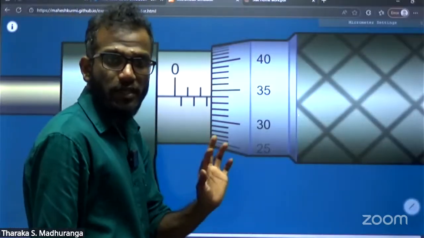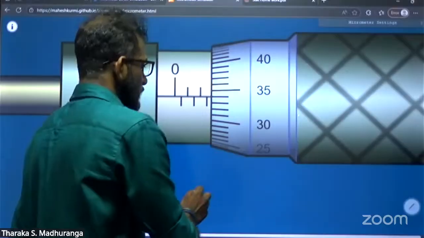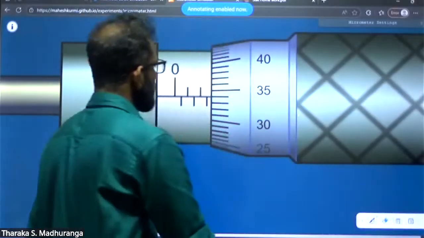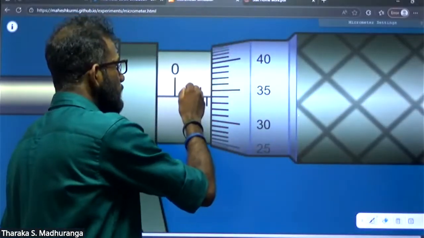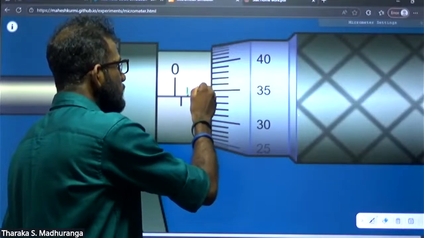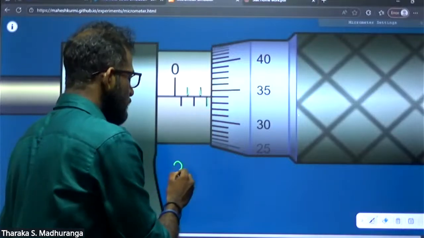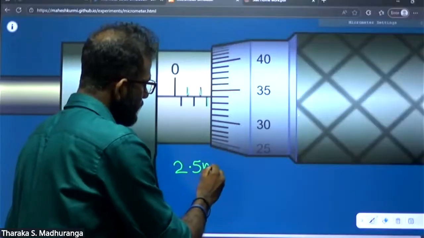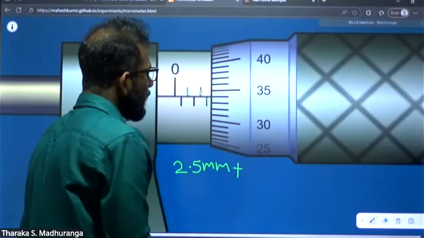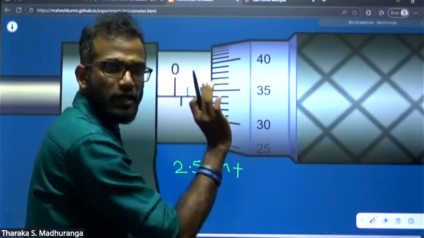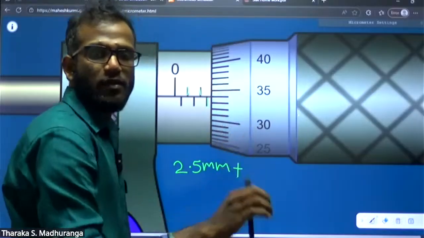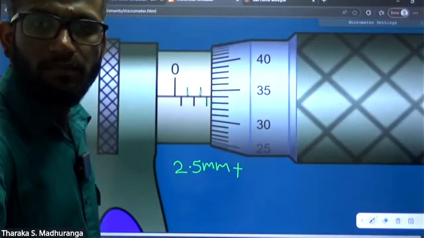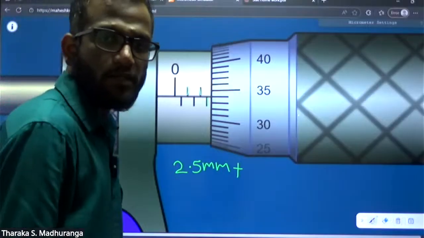Understand how we get the coincide part. First of all, get the linear scale value: 0, 1, 2, 2.5. Those are all correct. 2.5 millimeter. Then plus the coincide value, get it clearly. Now correct, Sandu.